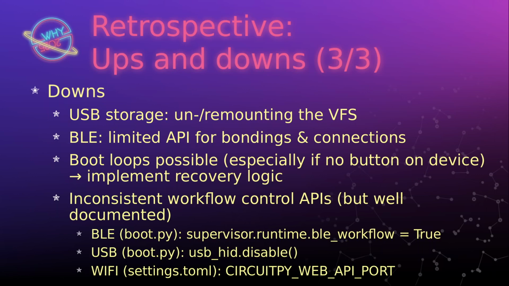You can unmount the file system of the Python interpreter, so it doesn't have any file system at all anymore, and that results in the USB drive being ejected virtually. You can remount it, but you have to beforehand get the handle to the VFS, the virtual file system, before you unmount it.